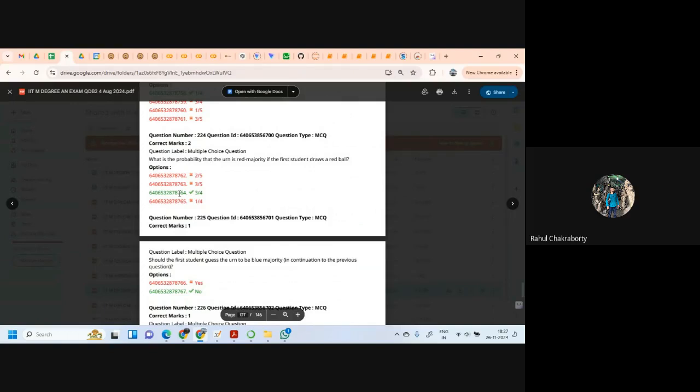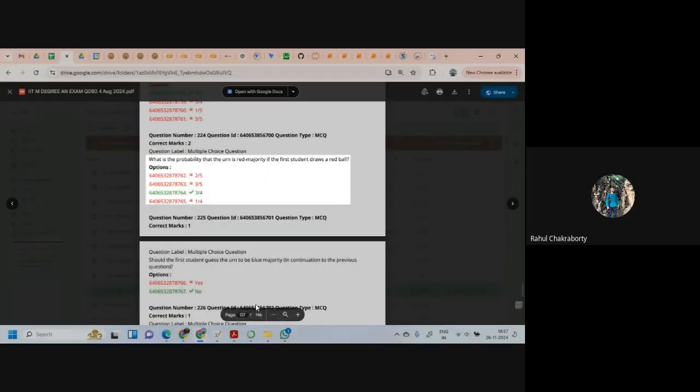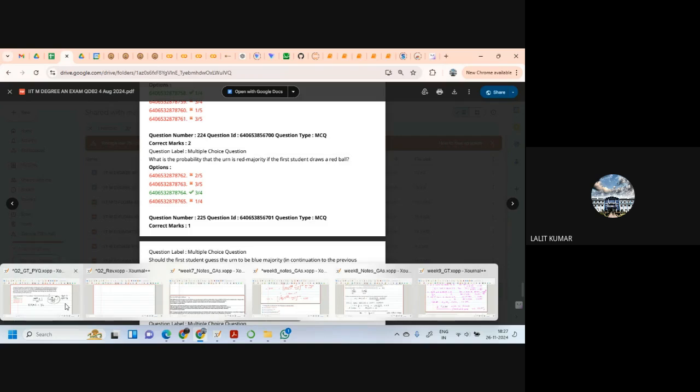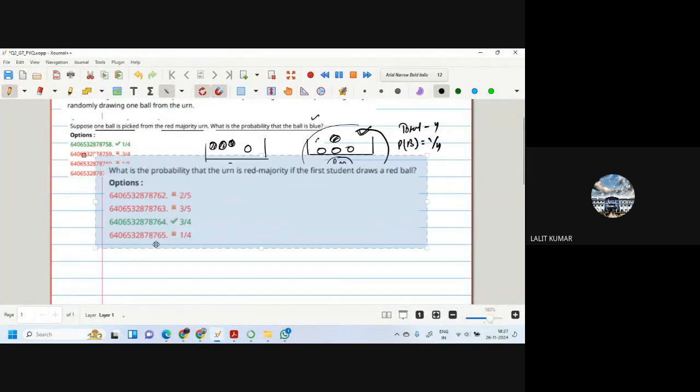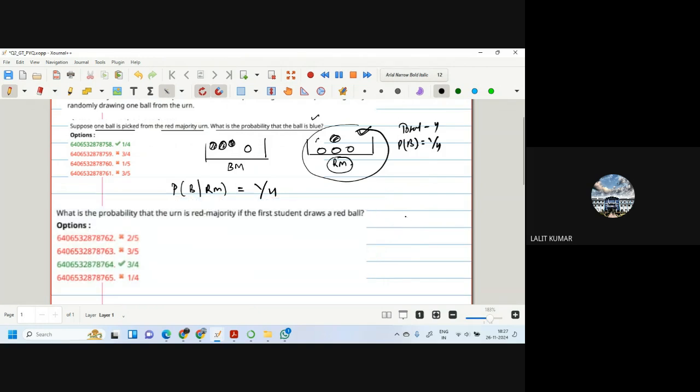What is the probability that the urn is red majority if the first student draws a red ball? So we have to find the probability that this is red majority, given the ball is red.